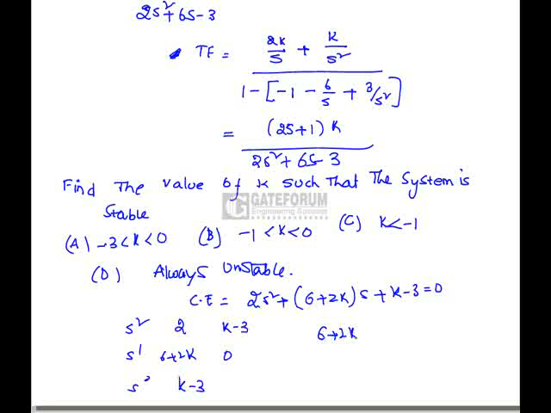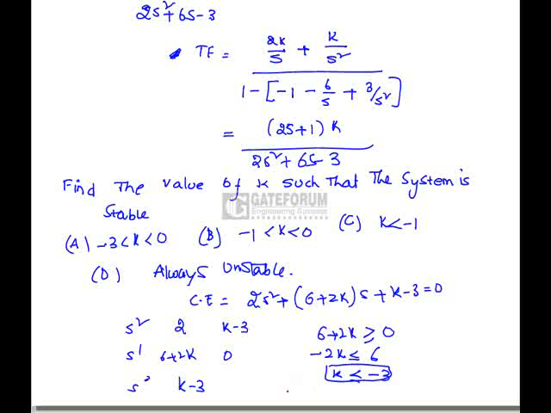6 plus 2k should be greater than or equal to 0. Means minus 2k should be less than 6, that is k should be less than or equal to minus 3.